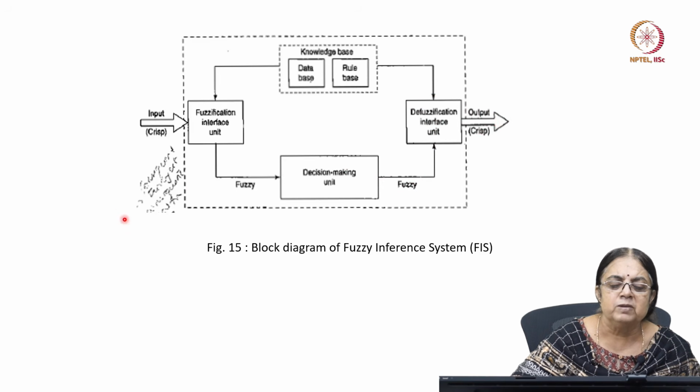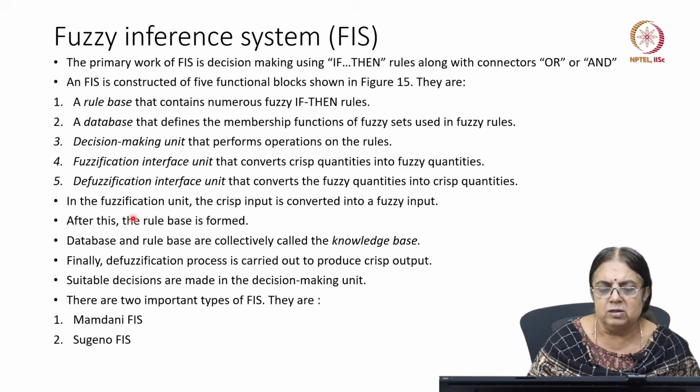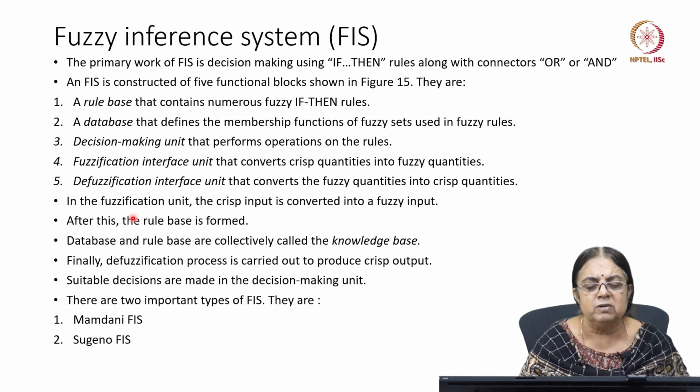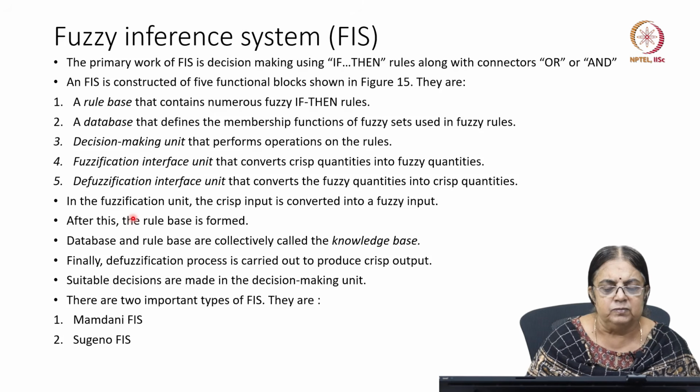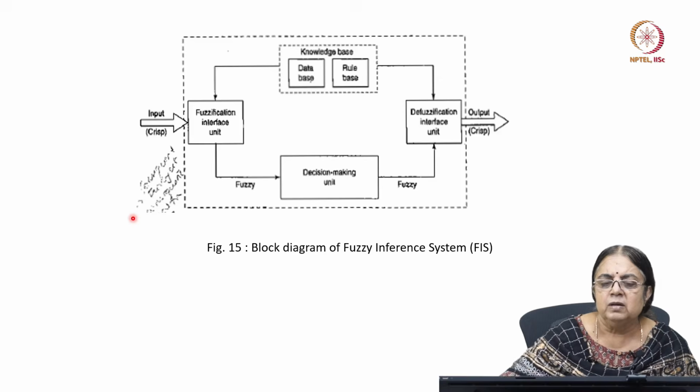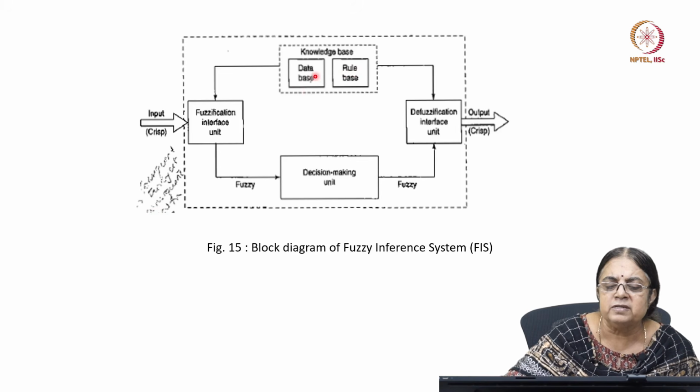And this is your input which is being fuzzified over here. So these are what is finally happening. This rule base and the database which contains all the membership values together is known as your knowledge base.